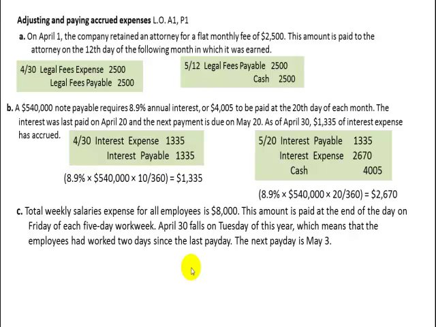The next payday is May the 3rd. So everybody gets every week $8,000. In this situation, our month ends on a Tuesday. So we have 2 days in April that we're going to accrue these people wages for, and we have 3 days in May. So that's a total of 5 days.